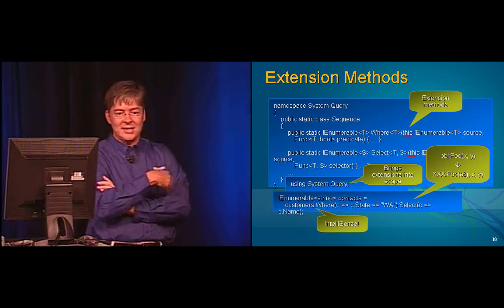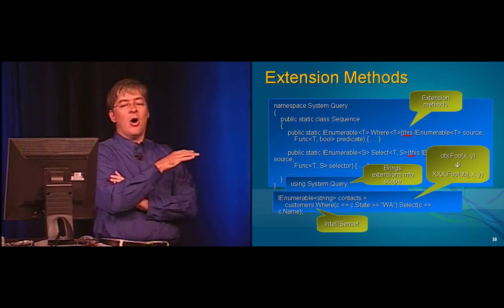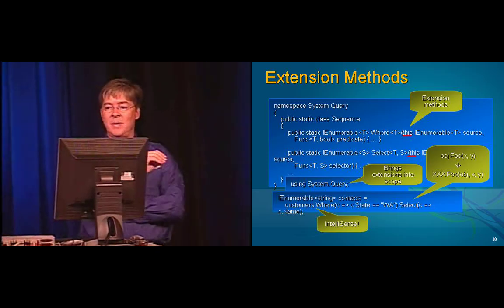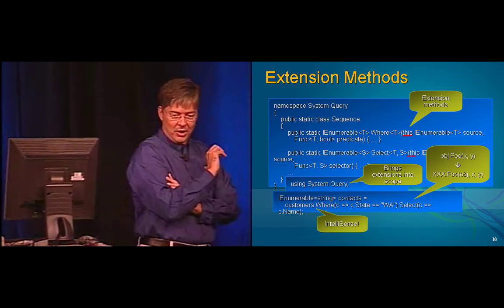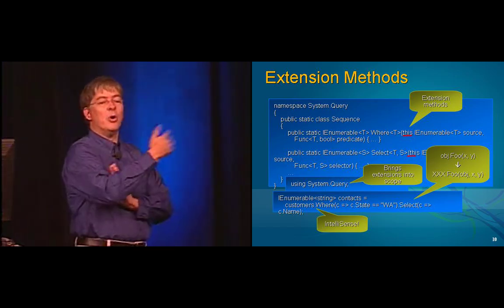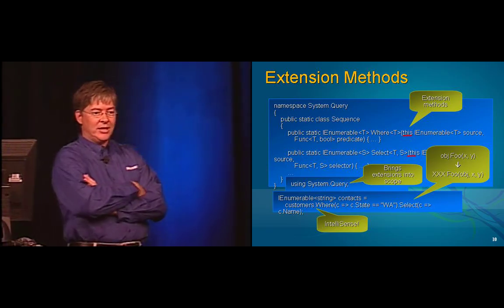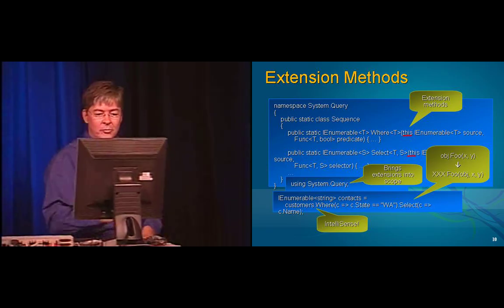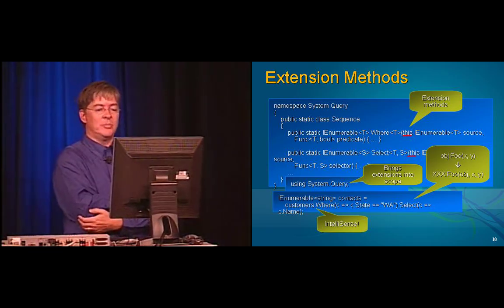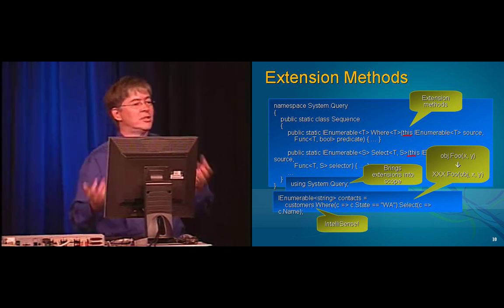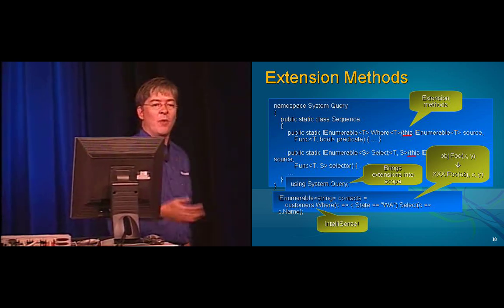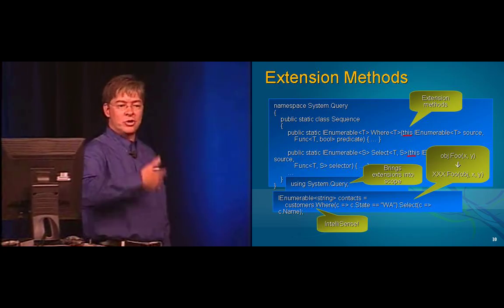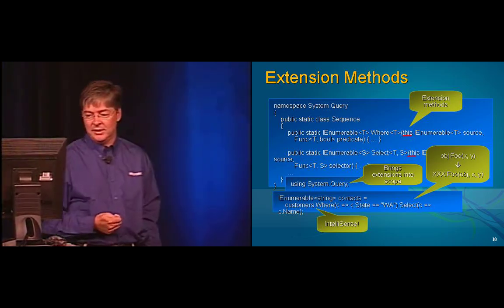The way we find the extension methods is that we take all static classes in the namespace and take all of the methods that have a this modifier on the first argument and put them into scope. That's all it does. So now we get to write customers.where blah blah blah dot select blah blah blah, because a where method and a select method are now in scope for IEnumerable of T.